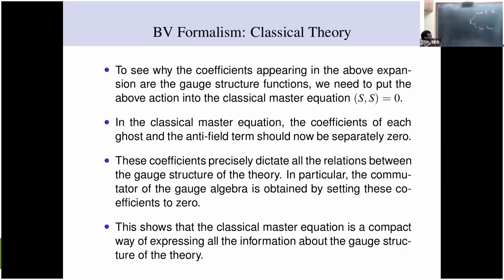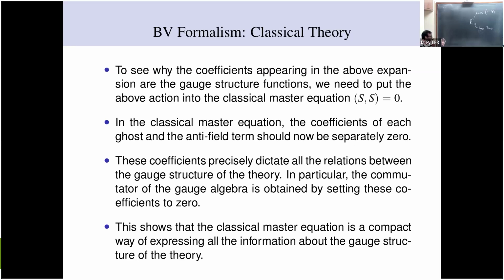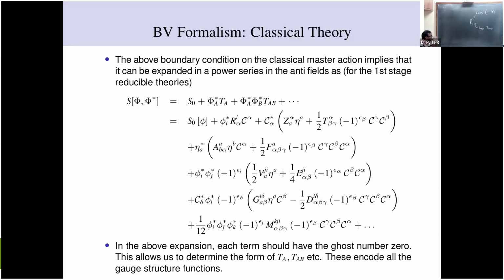So this shows that the classical master equation is a compact way of expressing all the information about the gauge structure of the theory. So this was the main motivation for introducing this classical master equation and classical master action.